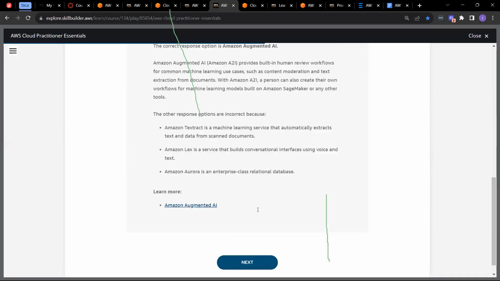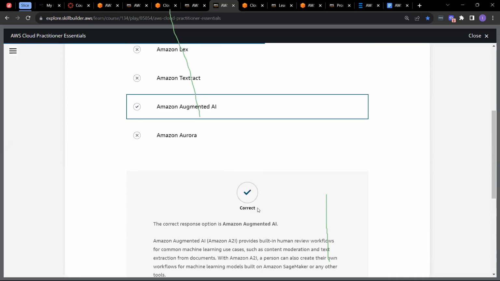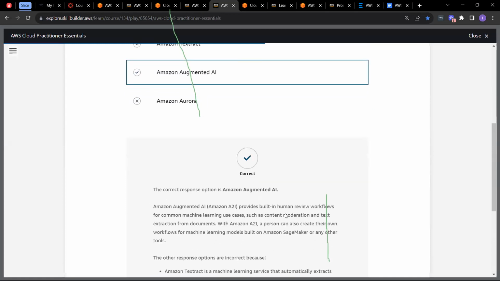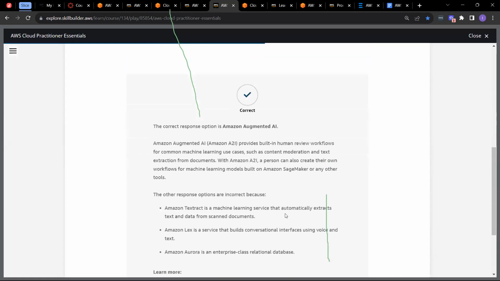Augmented comes from the augmented. Machine learning, the AI, they move always. Charlie, read them.